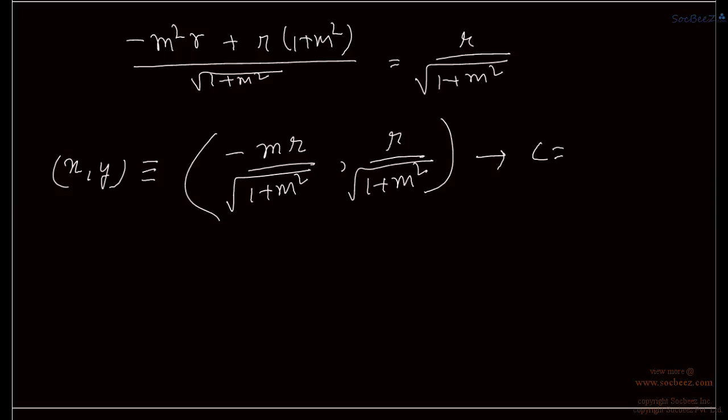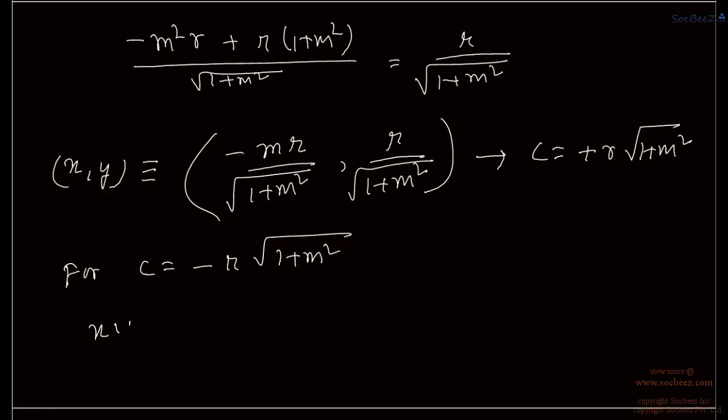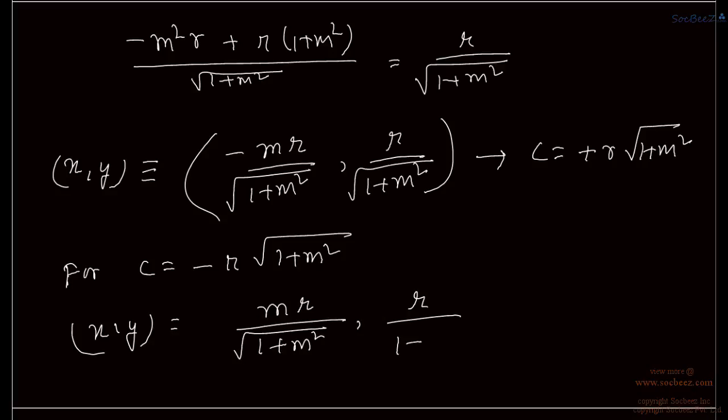Okay, this is for c equal to +r√(1 + m²), and for c equal to −r√(1 + m²), the point of contact will be (mr upon √(1 + m²), −r upon √(1 + m²)).